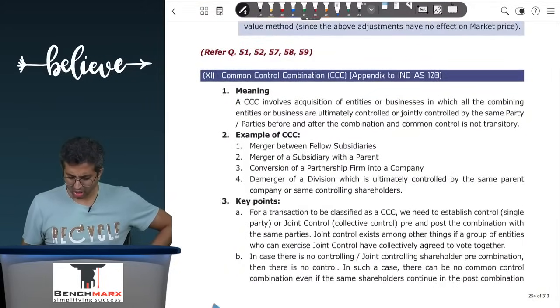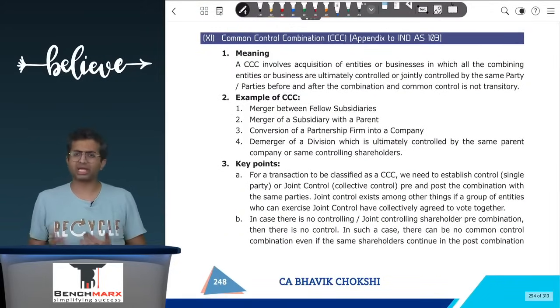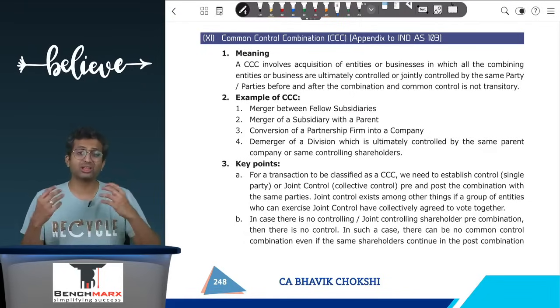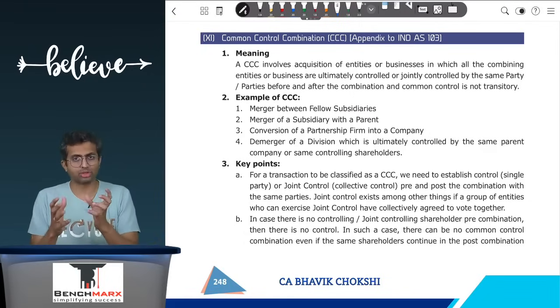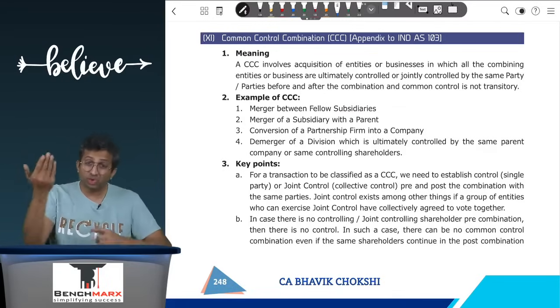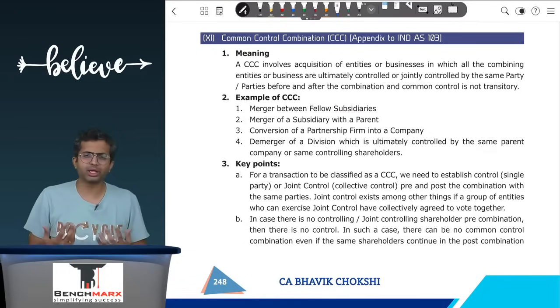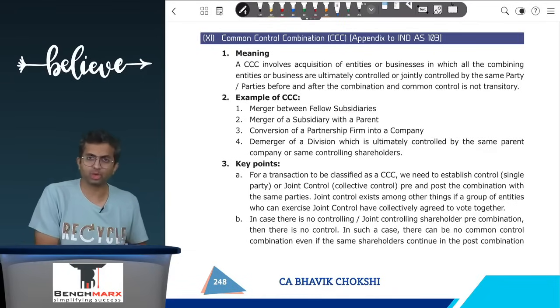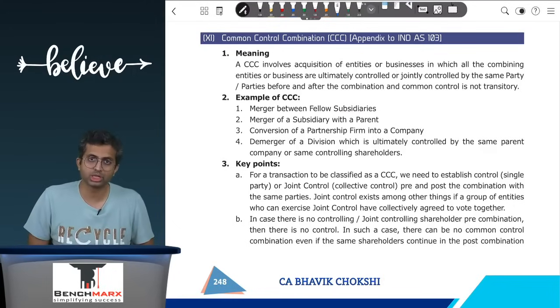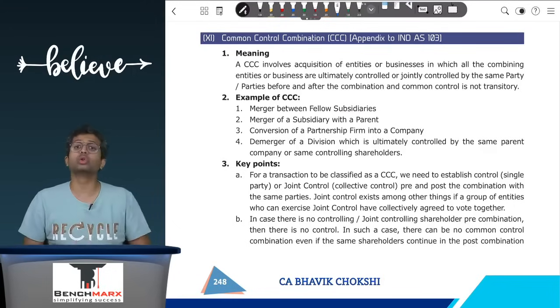Acha. After this, we go to the last few parts of this topic, which is common control combination, governed by the appendix to Ind AS 103. Common control combination refers to acquisition of control over a business which was ultimately controlled by the same controlling shareholders or the same jointly controlling shareholders, and the common control is not transitory.